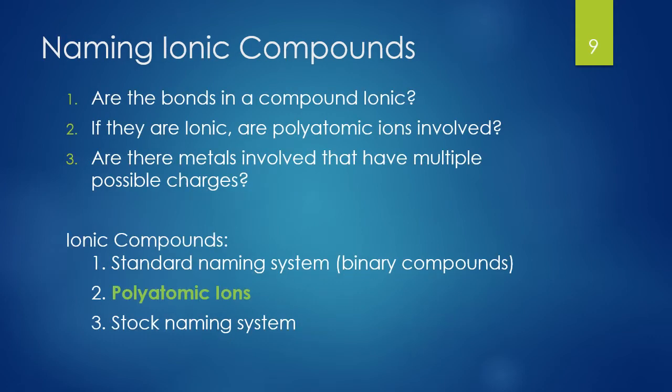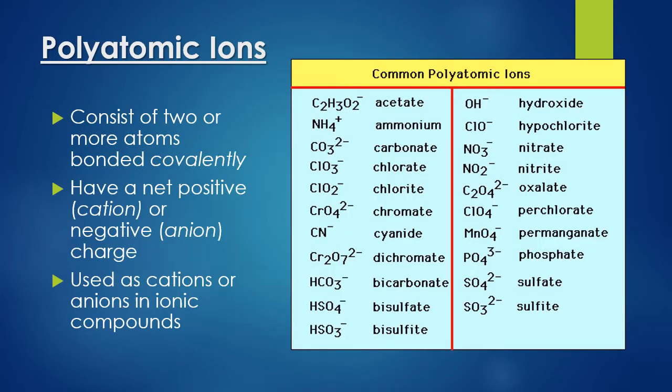So now let's look at naming ionic compounds if a polyatomic ion is involved. And in order to do that, we need to know what a polyatomic ion is. Polyatomic ions are ions, meaning charged compounds, that consist of 2 or more atoms.